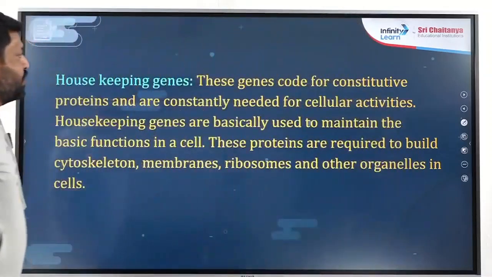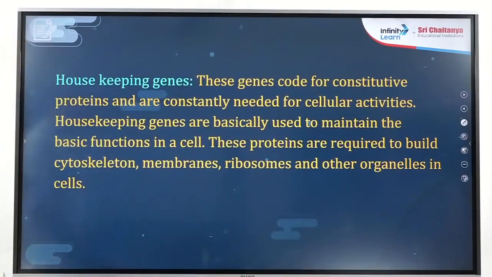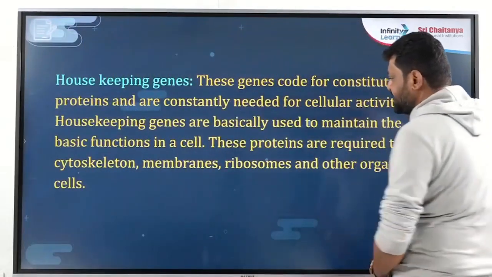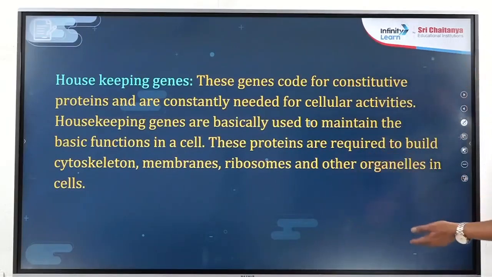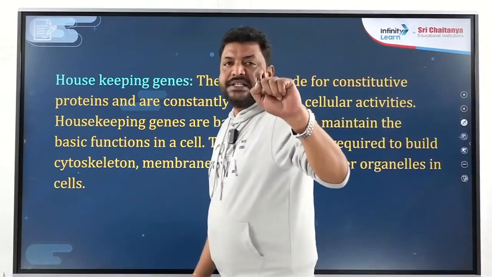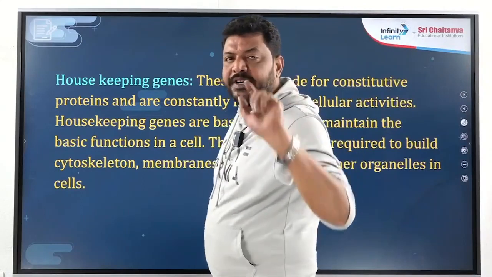The genes code for constitutive proteins that are constantly needed for cellular activities. Housekeeping genes are basically used to maintain the basic functions of the cell, that is, proteins required to build the cytoskeleton, membrane, ribosomes and other cell organelles. So could you find the difference between a structural gene and a housekeeping gene?